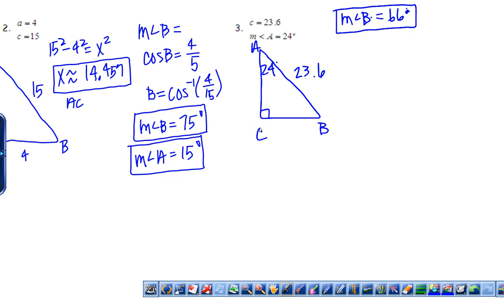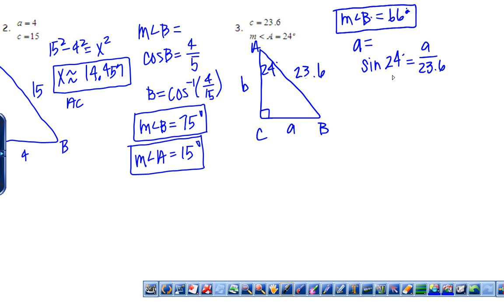And then we need to find all the other sides. So how about we find A first? In order to find little a, it looks like we can use sine of 24 by saying opposite over hypotenuse. So sine of 24 degrees is A over 23.6.